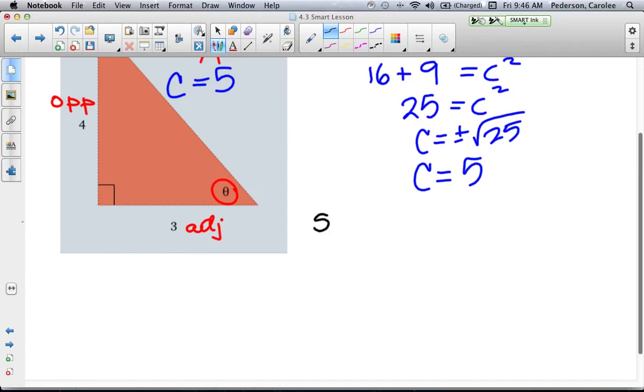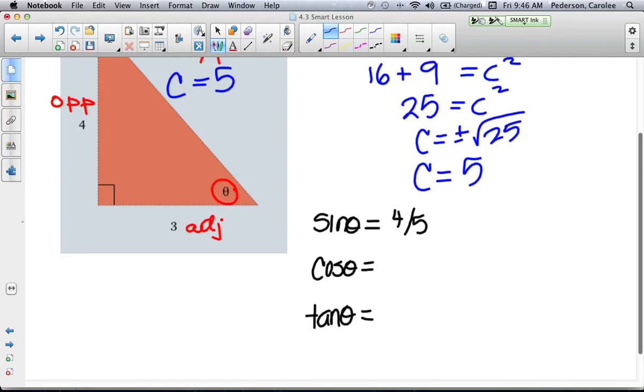So sine of theta equals, cosine of theta equals, tangent of theta equals. So the sine represents opposite over hypotenuse. So what are we going to put in there? 4 over 5.